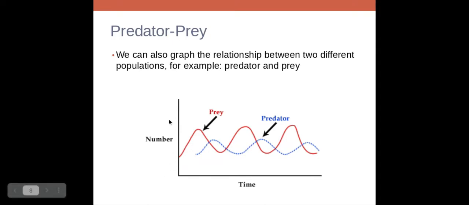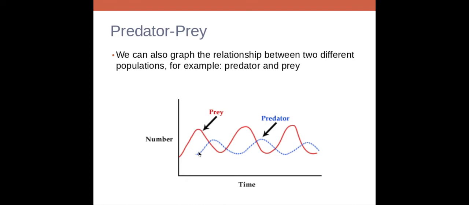If we look at the number of individuals over time, our red line represents the prey and our blue line represents the predator. What are some observations that you can make?